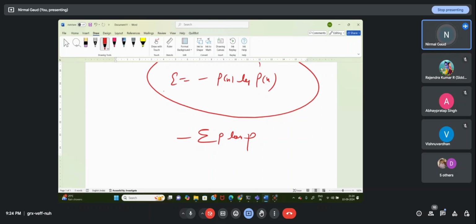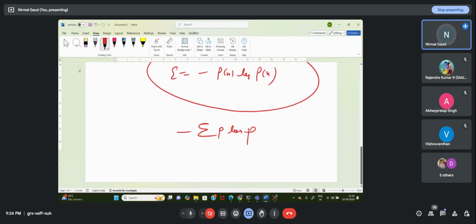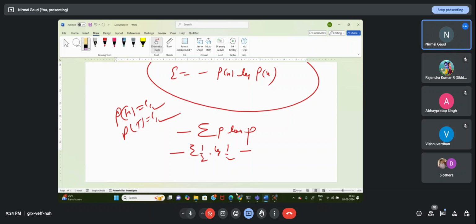For example, if I do talk about tossing of a coin. So probability of head is also 1 by 2. Probability of tail is also 1 by 2. So minus summation of probability of head into log of probability of head. Summation हटा दो यार अब यहाँ से. Okay.